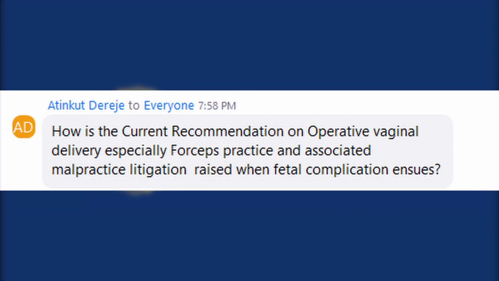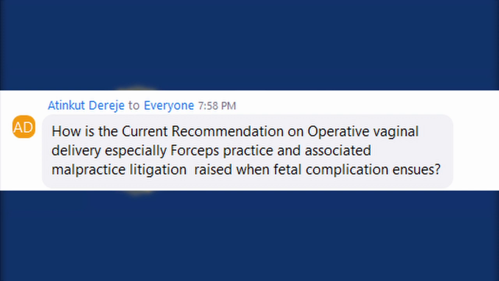How is the current recommendation on operative vaginal delivery, forceps practice, and associated malpractice litigations raised when a fetal coma is ensured? This is a very important question, because even the application of forceps delivery is nowadays reducing. Residents and maybe some seniors may not apply forceps just for fear of malpractice litigation.